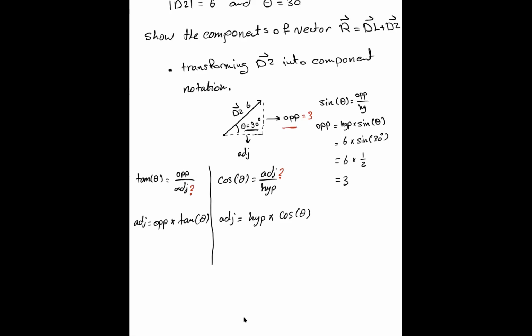And let's replace the values with the known values. We know that the hypotenuse here is 6 times cosine of 30 degrees. And here we know that the opposite that we just calculated is 3, and the tangent is tangent of 30.